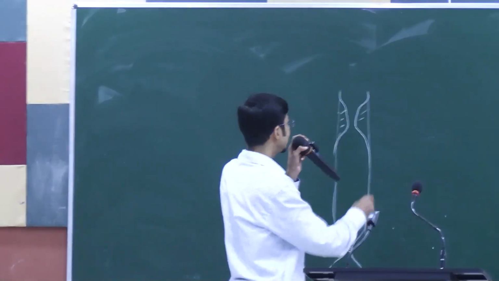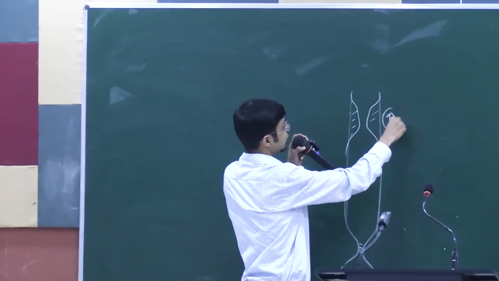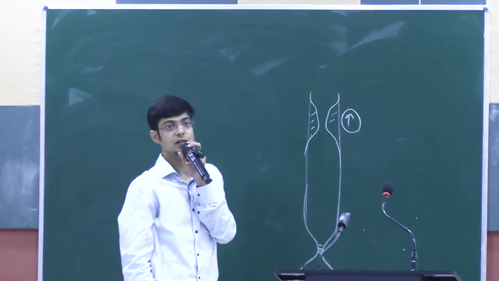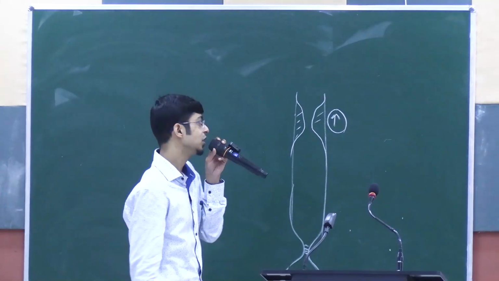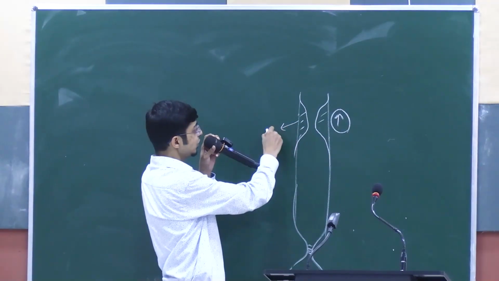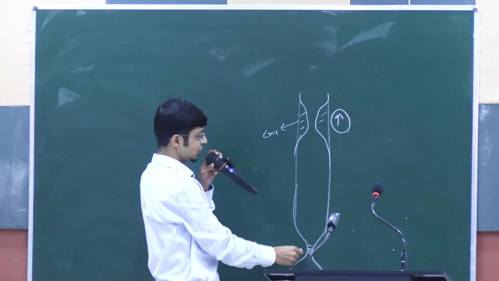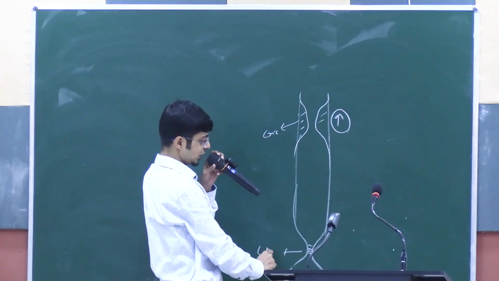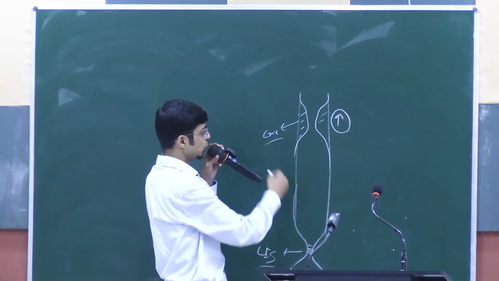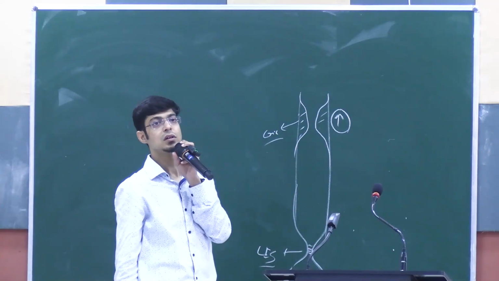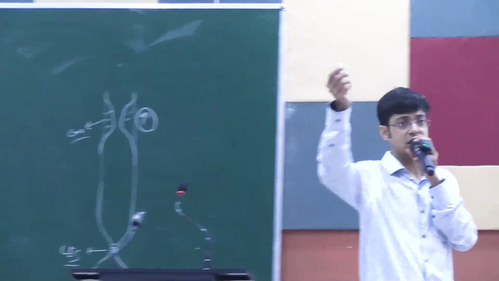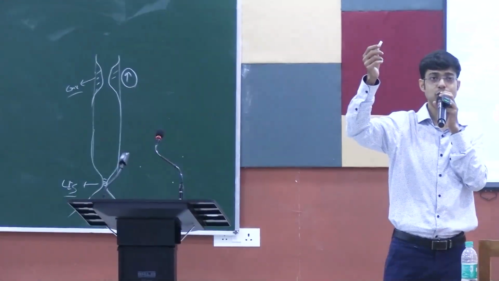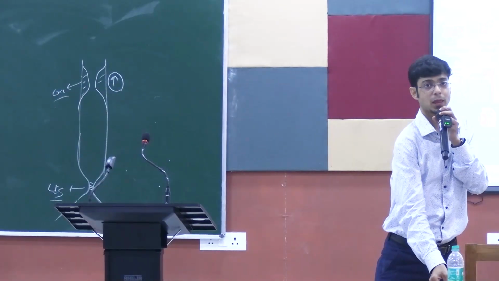Okay, so there is increased pressure in these two areas, which causes narrowing of these two areas. So this is the cricopharyngeal opening, the cricopharyngeal sphincter, and this is the lower esophageal sphincter or LES. So what does this do? These sphincters help in preventing regurgitation of fluid or food upwards.